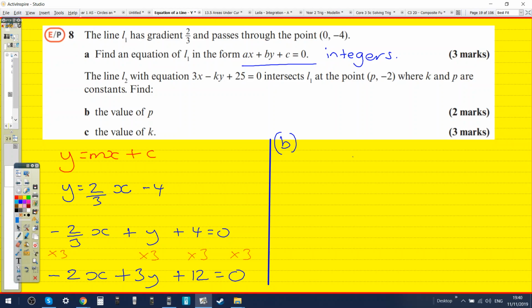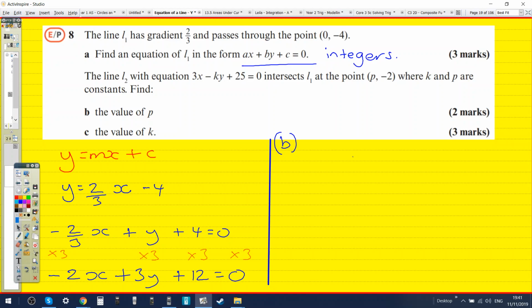Before you can do the discriminant, you have to bring the two together. Do I need to sub something in or something? Yeah. Do I need to sub in minus 2 into y? Yeah, go for it.